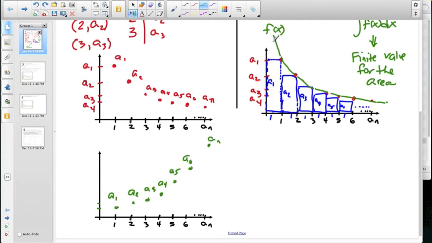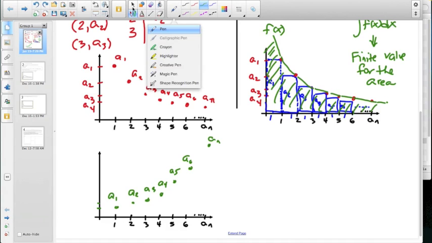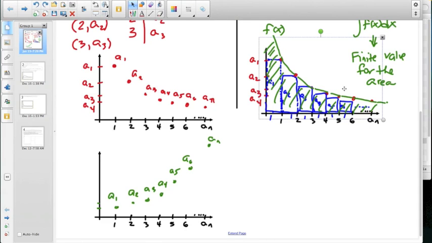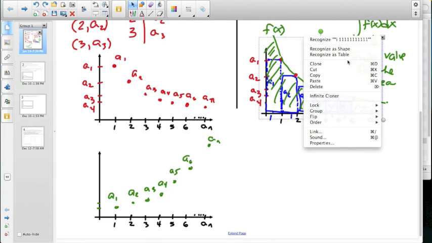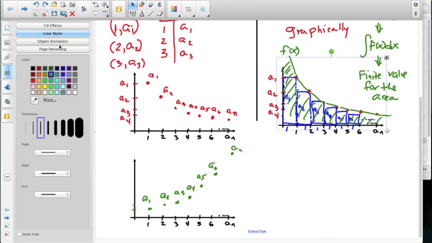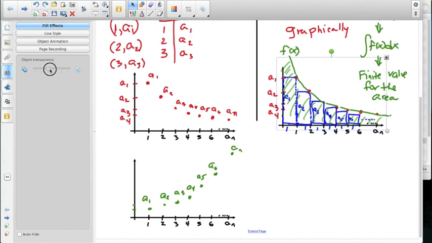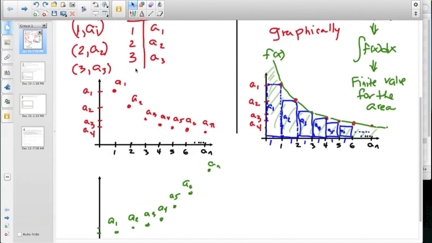And if we have the area here that I would color in green, the area that we find by calculus, and let me see if I can make that a little more transparent so that we can see through it. Yeah, I think I can. There we go. So if we calculate using integration the area here underneath the curve, like we would typically do when we integrate in calculus, and that's a finite value.